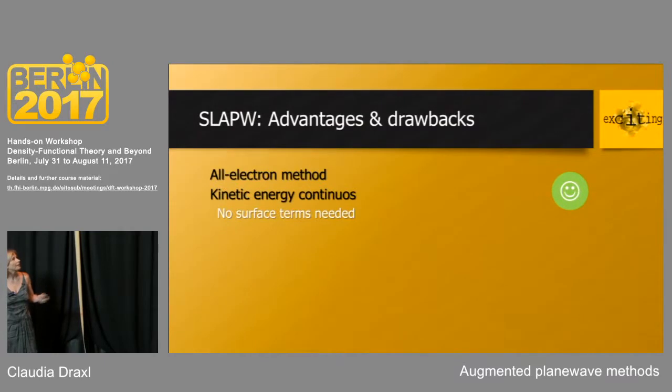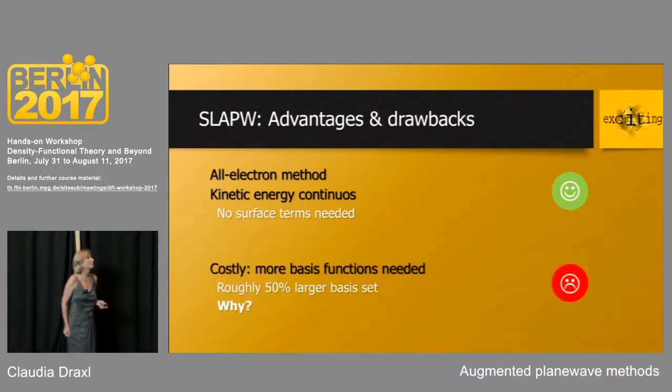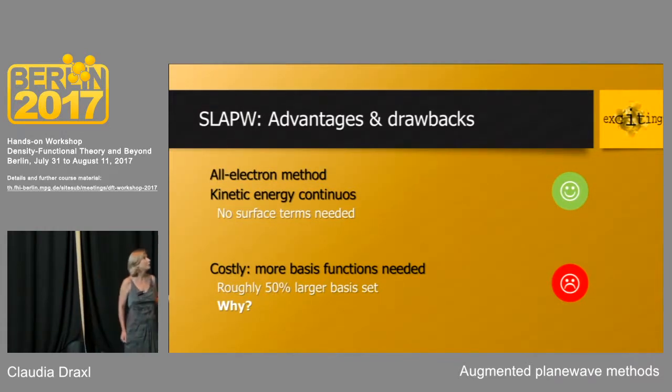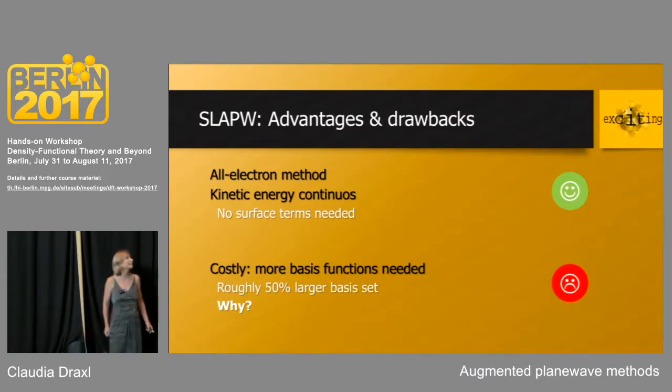Now you have even the kinetic energy continuous. Very good. But this is roughly 5 to 10 times more costly in terms of computing time. Because if you need twice as large a basis set, the diagonalization takes 8 times the computing time. So in essence, it's not so good, and we had to find something better.